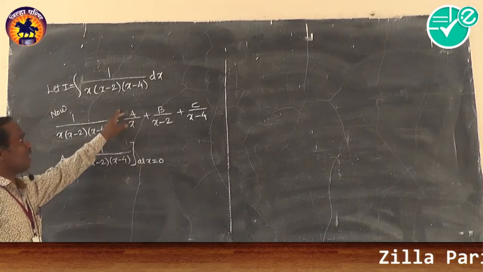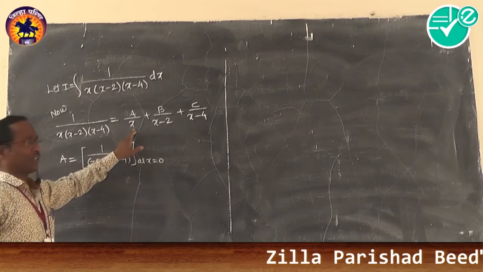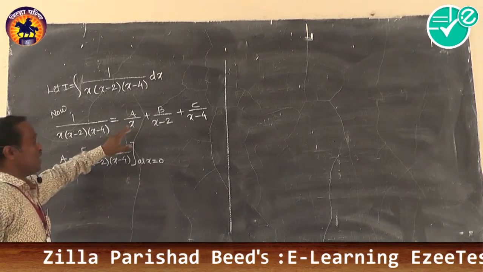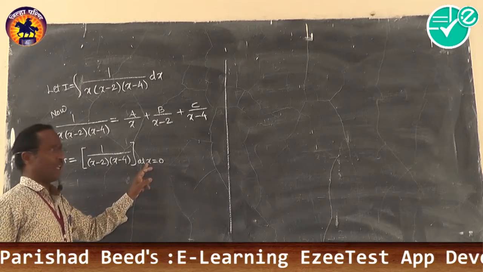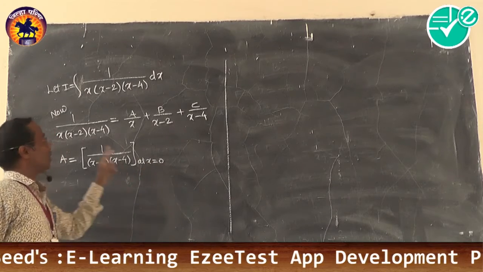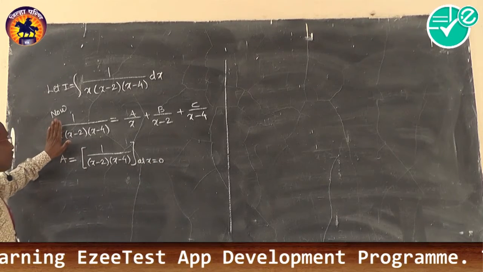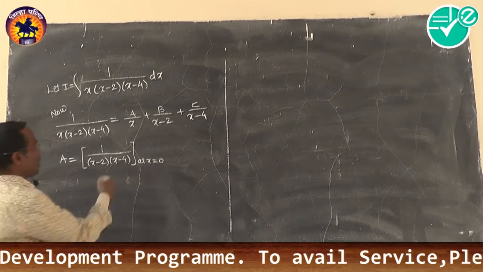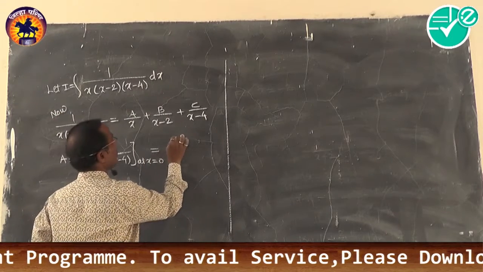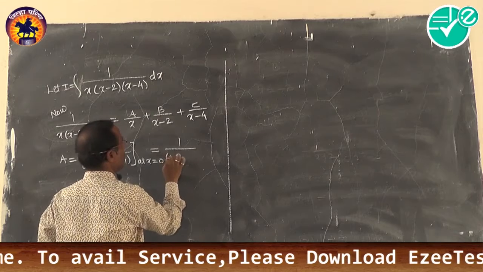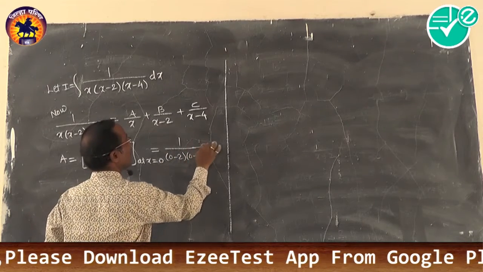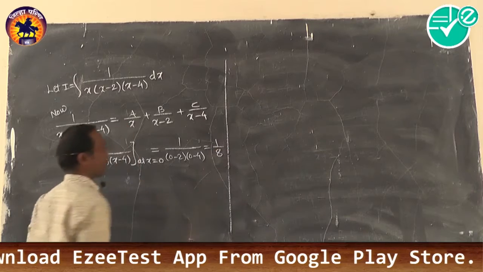Here the first partial fraction is a upon x. So the denominator of the first partial fraction is 0 for which value? x is equal to 0. So except for the first linear factor, we take the LHS of this function and we get 1 upon 0 minus 2 into 0 minus 4, which is 1 upon 8.